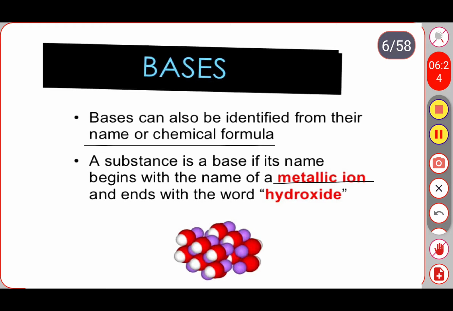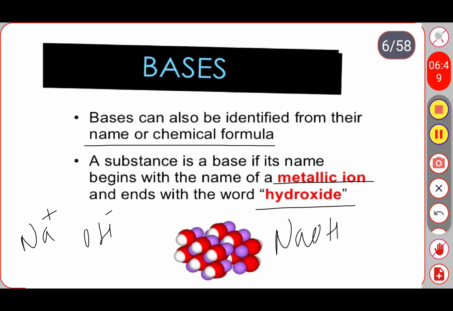For example, sodium is a metal: sodium, Na plus, metal ion. And it ends with the word hydroxide. Hydroxide means OH minus. So once you combine these two, what you will get is NaOH, sodium hydroxide: a positively charged metal ion and a negatively charged hydroxide ion.